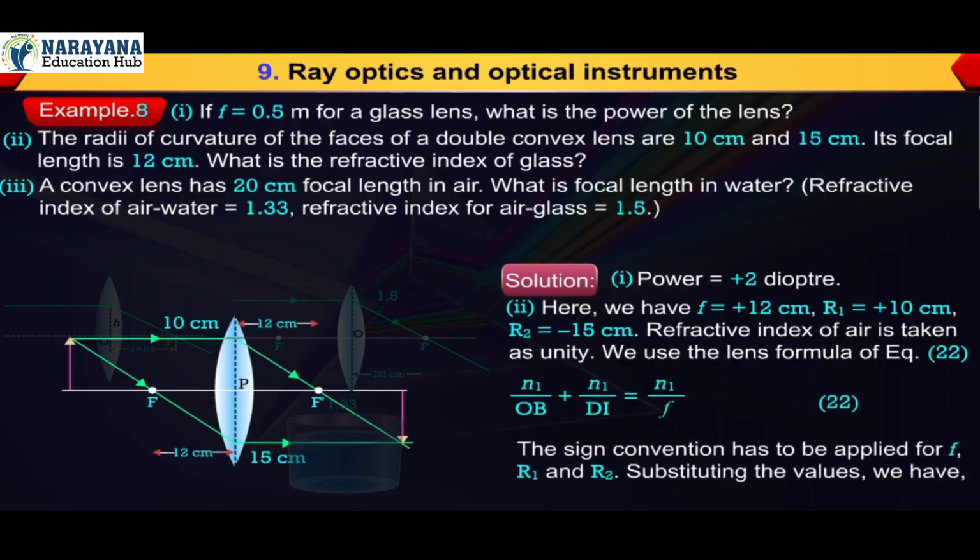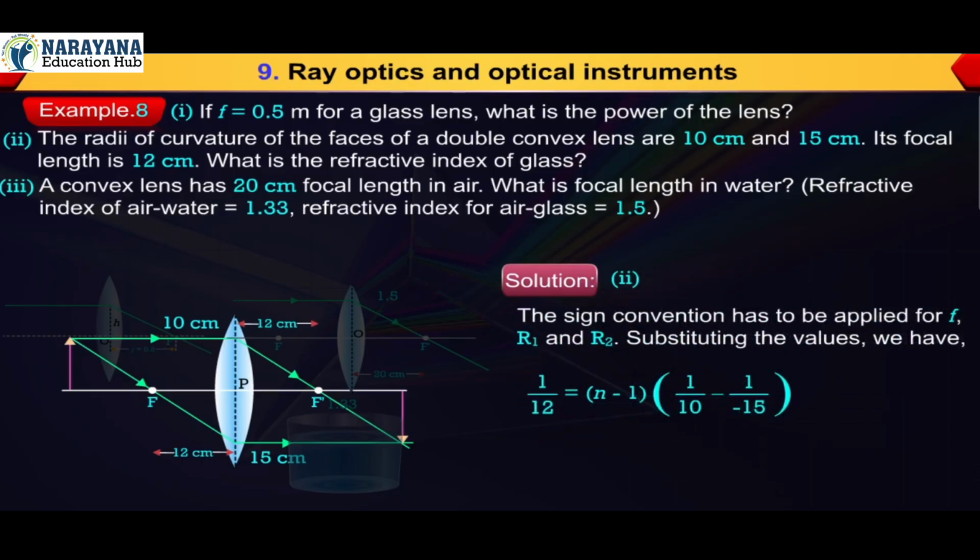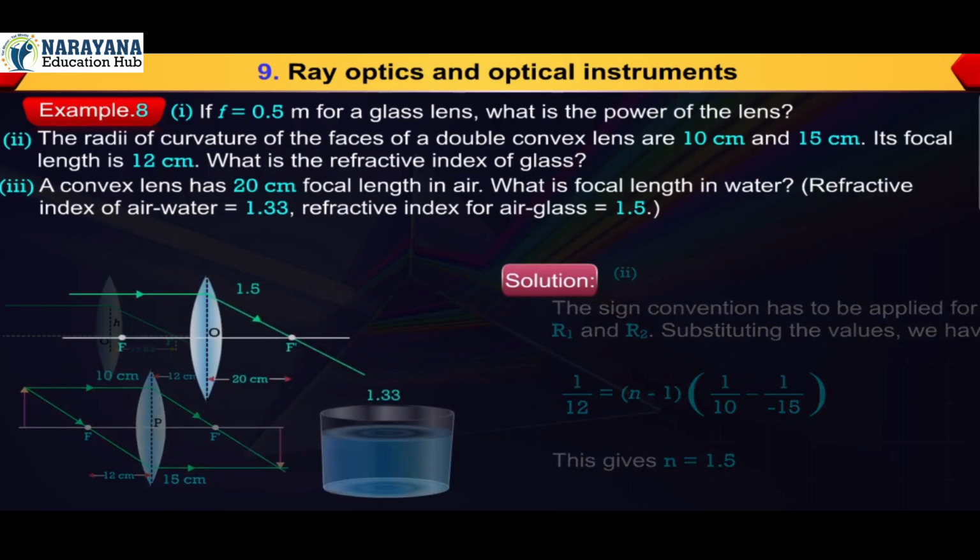The sign convention has to be applied for f, r1 and r2. Substituting the values, we have 1 upon 12 is equal to n minus 1 into 1 upon 10 minus 1 upon minus 15. This gives n is equal to 1.5.